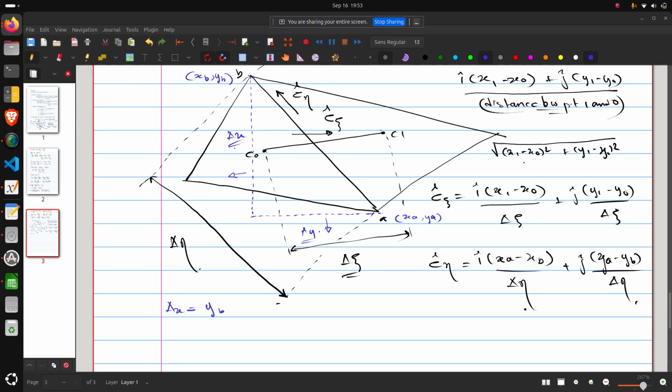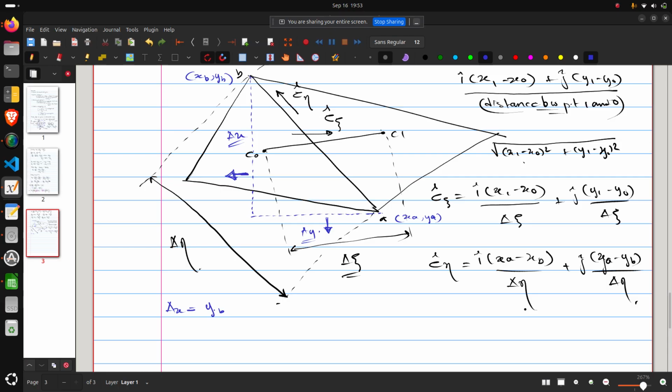So here the naming convention is based on the direction where the area normal points to. This area, the area normal is aligned with the x direction. That is why it is ax, and here the area normal is aligned with the y direction. That is why it's ay.